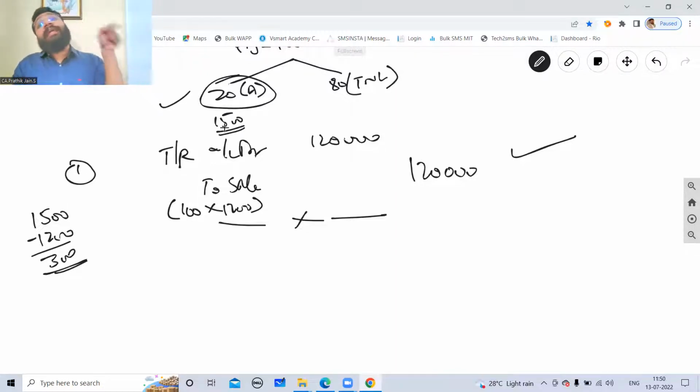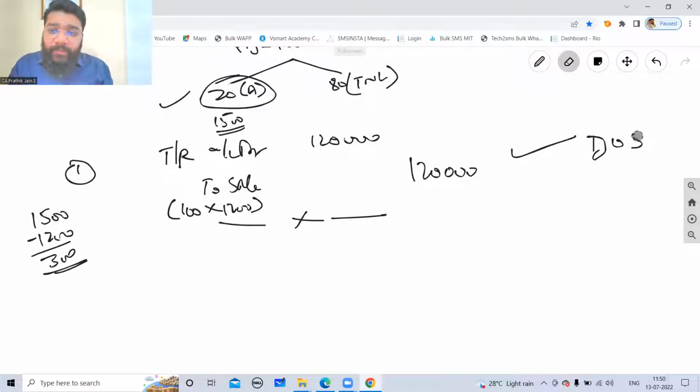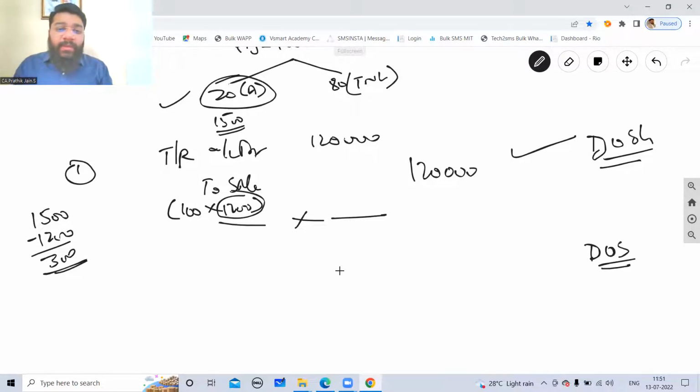But on the date of sending the goods, it was costing 1,200. When the goods were sold, on the date of sale, the value became 1,500. Only 20 barrels are sold, so to the extent of 20 barrels, we have to increase the sale price.